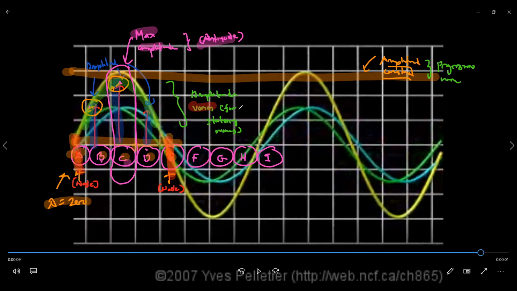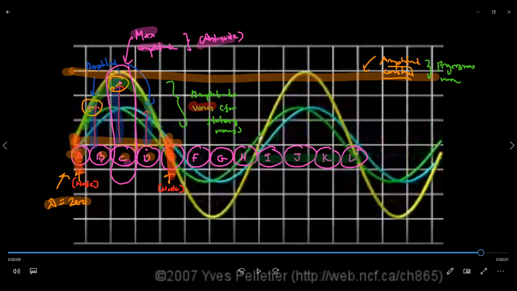A, B, C, D, E, F, G, H, I, J, K, L. Now let me just try and make it bigger. So let's just say right now I want to focus on these particles here: H, I, J, K, L.